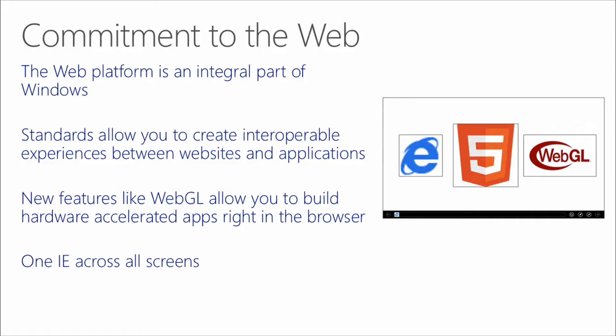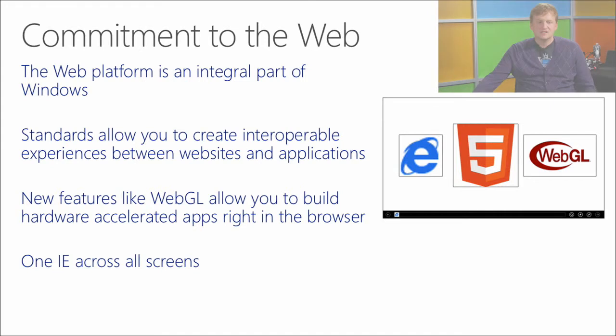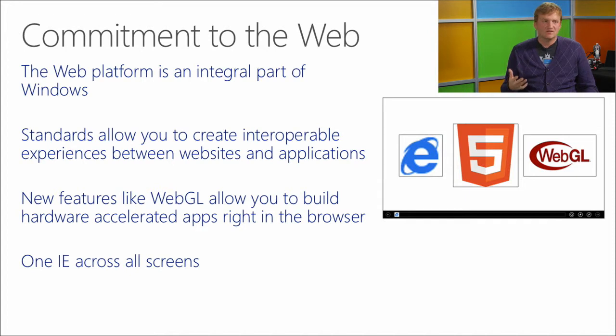So the web platform. Starting off, the web is an integral part of Windows. When we think about the integration points between the operating system and the web, Windows 8.1 adds even more of those with the ability to do live tiles, which we'll talk about in a minute. But we've introduced a lot of new features into IE 11 with Windows 8.1. And standards is one of those areas that we continue to develop.